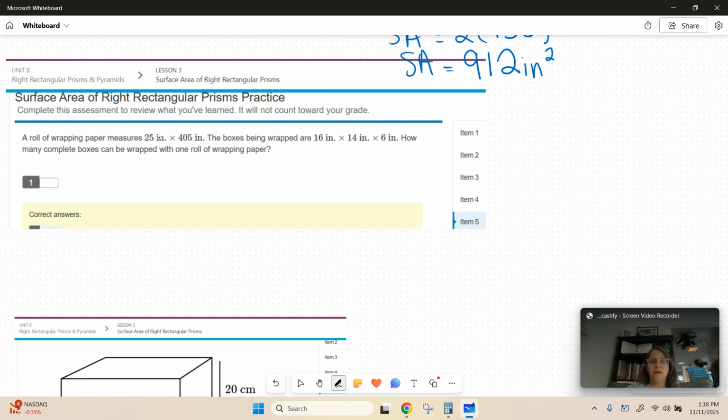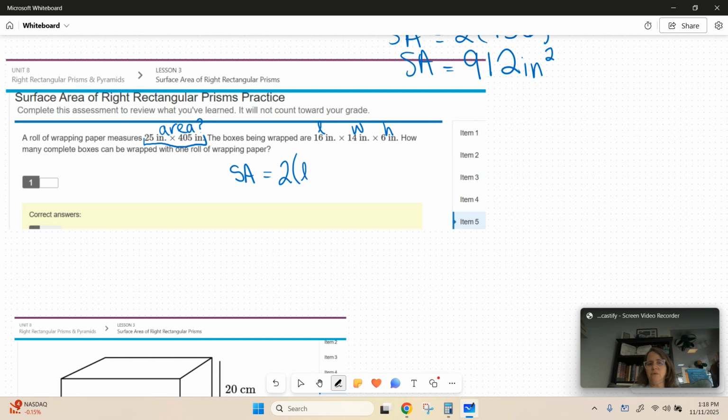So what I'm going to do here is find the area of this, because that'll tell me how many square inches of wrapping paper I have. Now I'm going to look at the box as length times width times height, and I'll use my surface area formula for that.